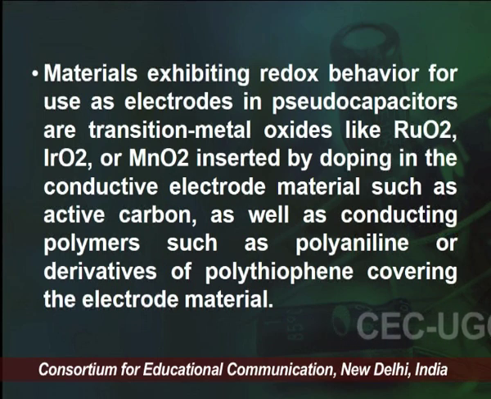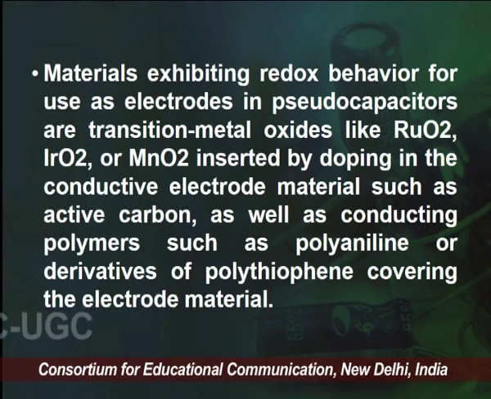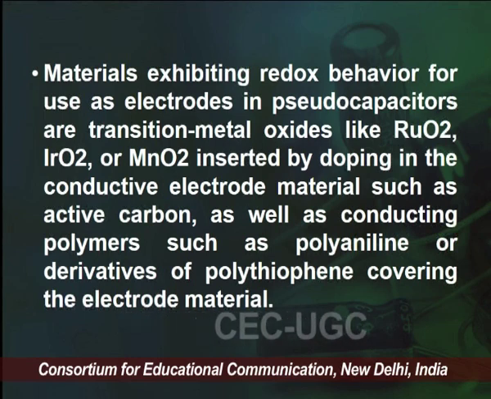Or we can also use a polymer, inserted by doping in the conductive electrode material such as active carbon, as well as conducting polymers such as polyaniline or derivatives of polythiophene covering the electrode material.